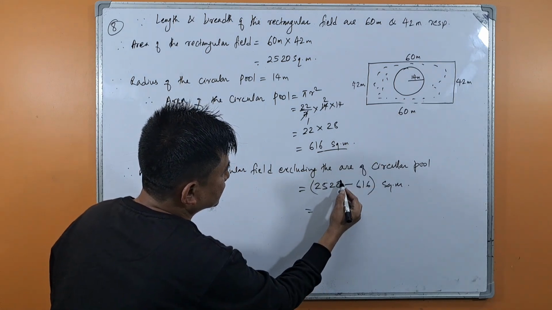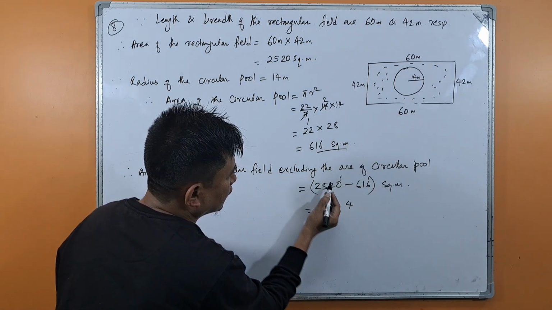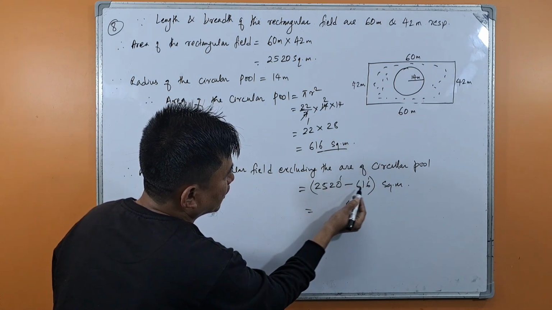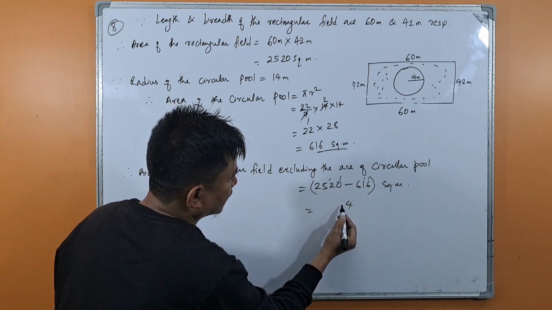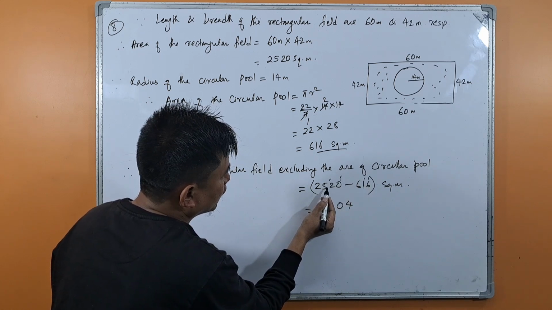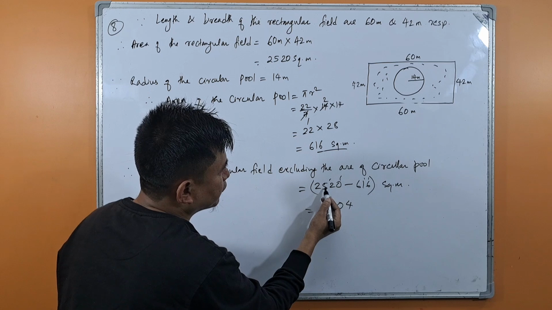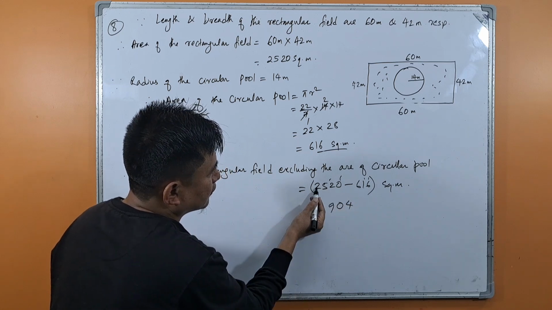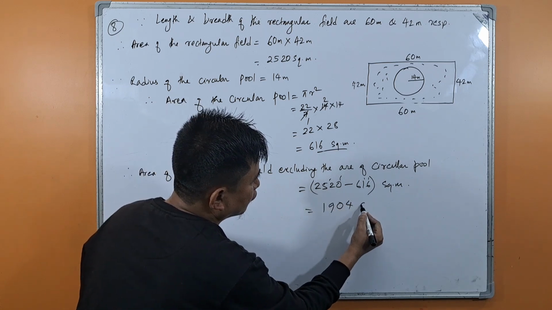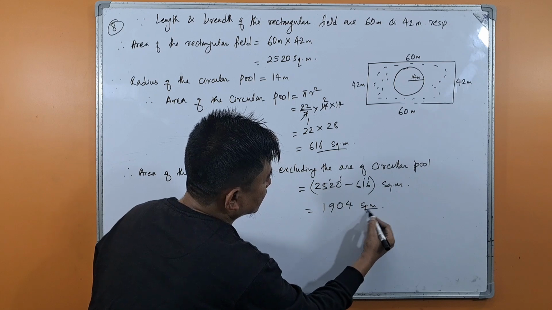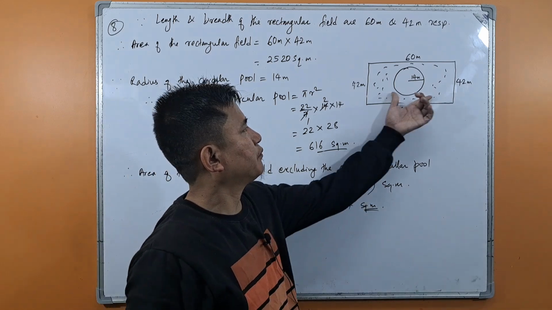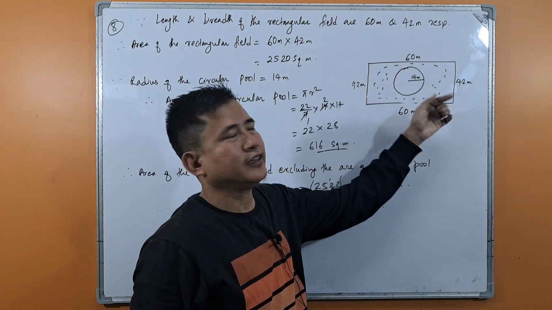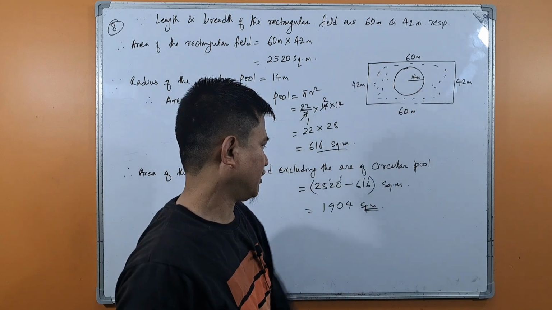Now this will give us 10 minus 6 is 4, this becomes 1, 1 minus 1 is 0. This is 5, we cannot subtract 6 from 5. So 15 minus 6 is 9. This becomes 1. 1904 square meters. So this is the area of the remaining part of the rectangular field, excluding the area of the circular pool.